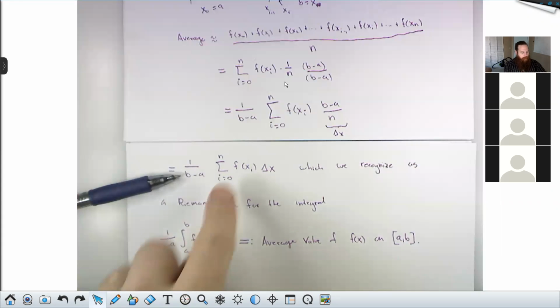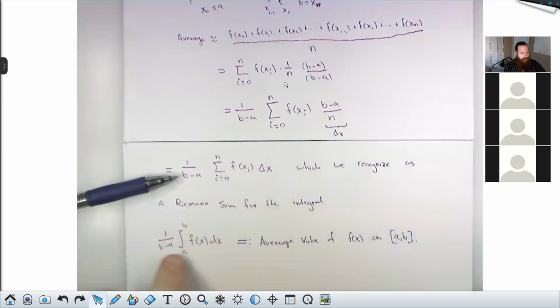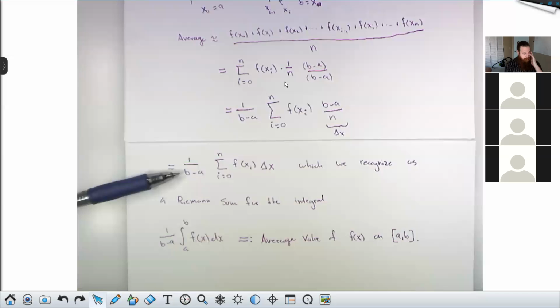In fact, it can be even symbolically translated over into the integral very nicely. The 1 over b minus a just comes along for the ride. The capital sigma here, which is a Greek letter s, turns into the integral, which is a Latin letter s. f of xi is f of x, delta x becomes dx. So this is the formula for the average value of a function f of x over the interval ab.